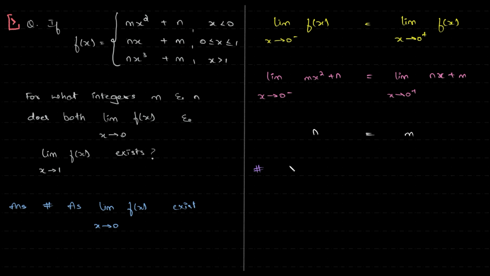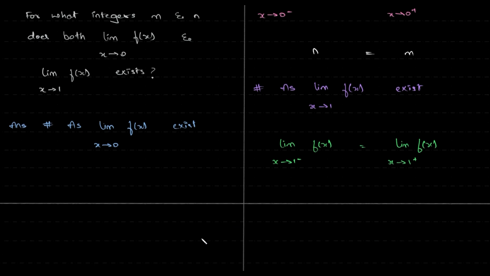Now I'll write the final answer later. So for the next case, x tending towards 1, if this exists, then what do we have? We have the limit of f of x as x tends to 1 minus, and the limit as x tends to 1 plus.